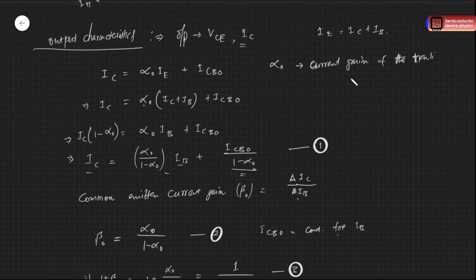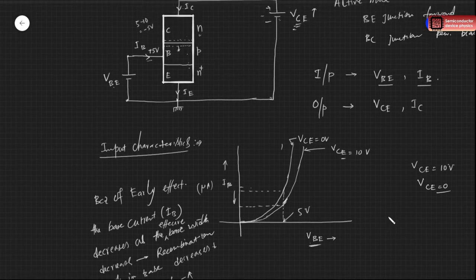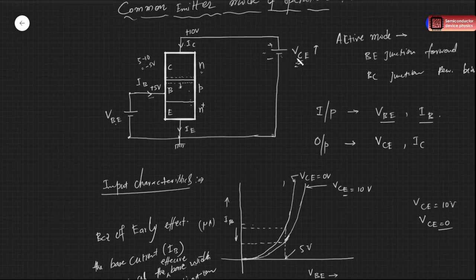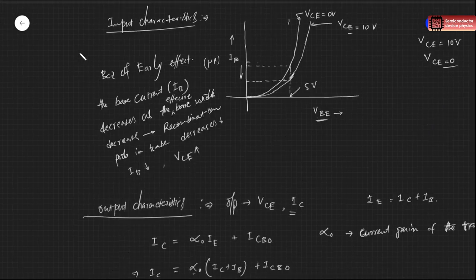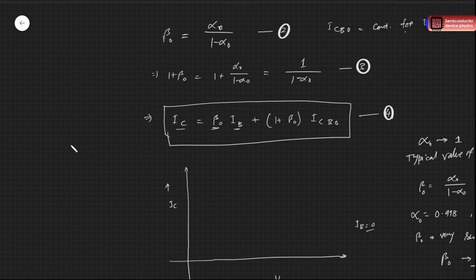IB is 0. Let's go to the figure once. IB is 0, meaning we are not biasing this terminal. So this is just a reverse biased junction, right? This base and collector junction is reverse biased. As we increase this VCE, the reverse saturation current will flow. From this equation also you can see, in this IB is 0.